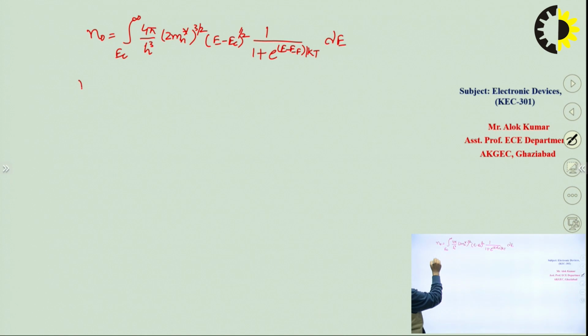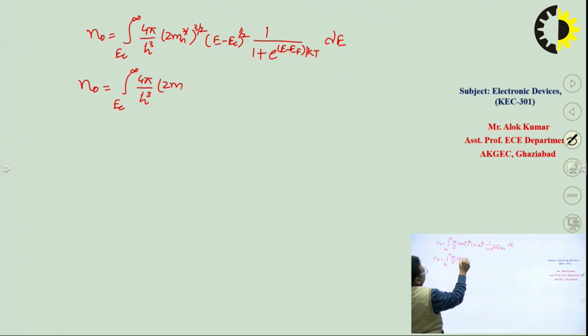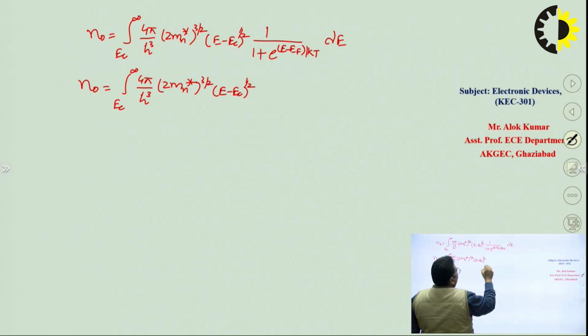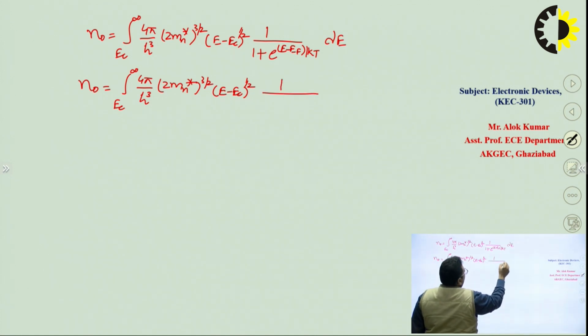In the next step, we can write 1 upon e to the power (E minus EF) upon KT.